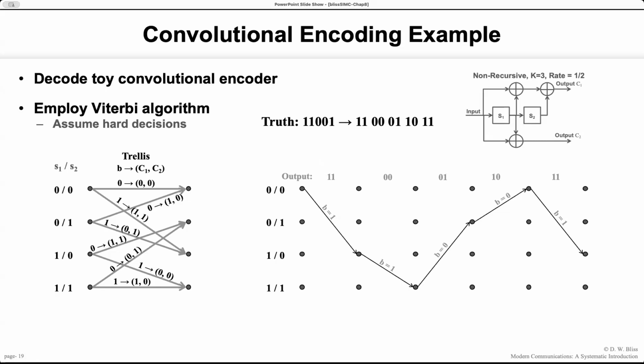So then the question is, how do we do that? And the somewhat amusing answer is the receiver explores all viable paths and figures out which one's the best one.